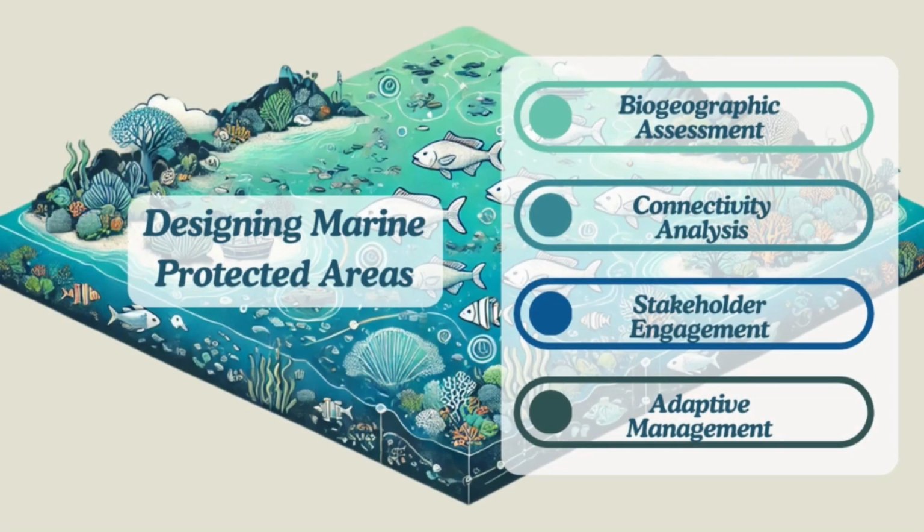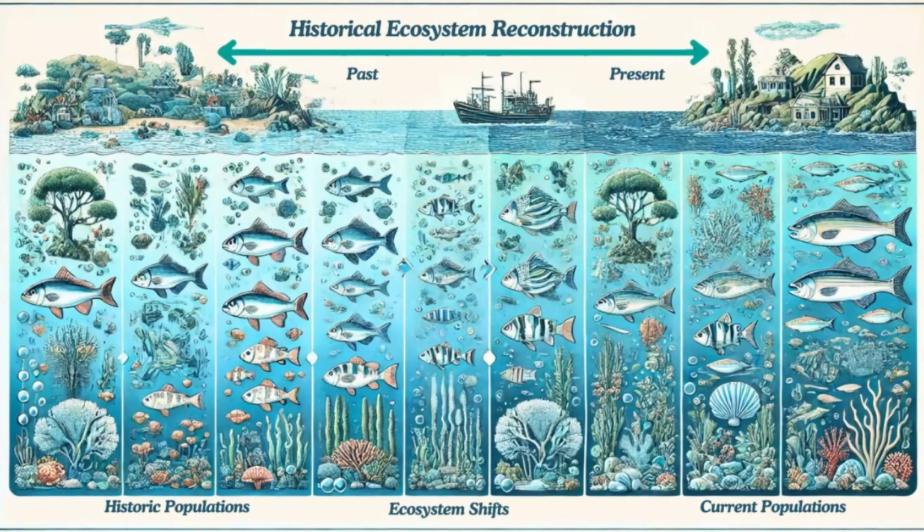2. Marine Protected Area, MPA, design. Ecopath can assist in identifying key areas for protection based on ecological importance and how that affects local fisheries and ecosystem recovery. And 3. Historical ecosystem reconstruction. By reconstructing past ecosystem states, researchers can identify historical baselines that can help set realistic management targets and better understand long-term changes that can occur in an ecosystem.